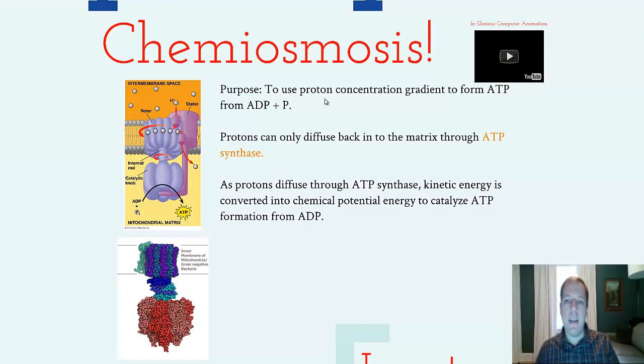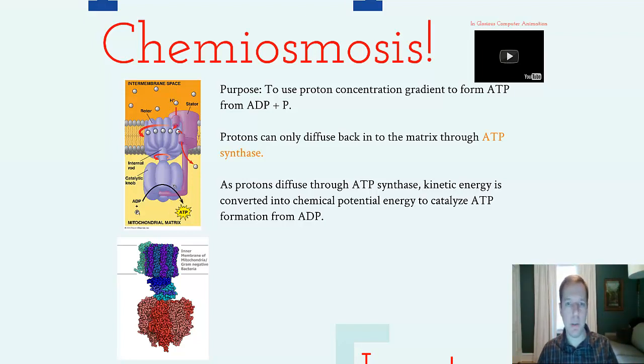When you create a gradient of protons, facilitated diffusion is going to allow those protons to move from the intermembrane space where they're highly concentrated back into the mitochondrial matrix where they are less highly concentrated, simply by diffusion.